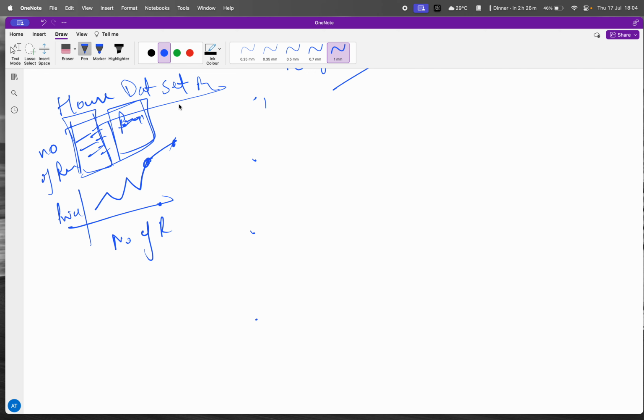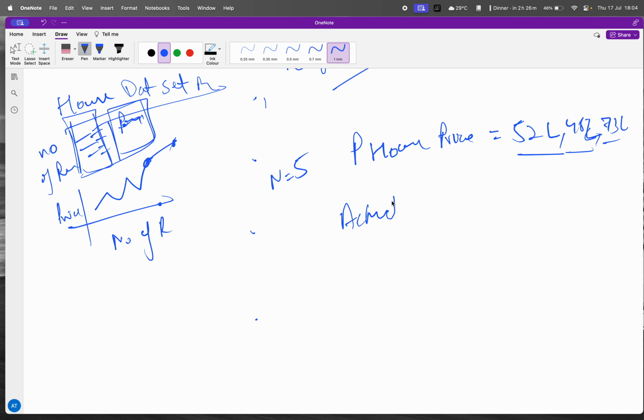So for example, if we have this kind of data, how can we find it? Very basic, very easy. Let's check the predicted house prices, say 52 lakh, 48 lakh, and 73 lakh. Let's say the number of rooms was 5 for the first, 4 for the second, and 8 for the third. But what was the actual price? For the 52 lakh, it was 50 lakh.